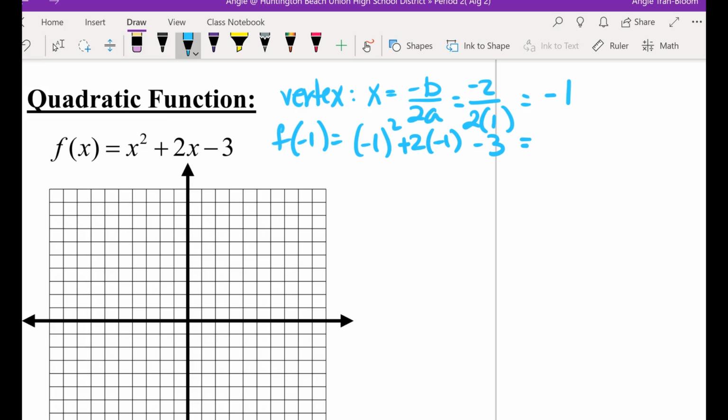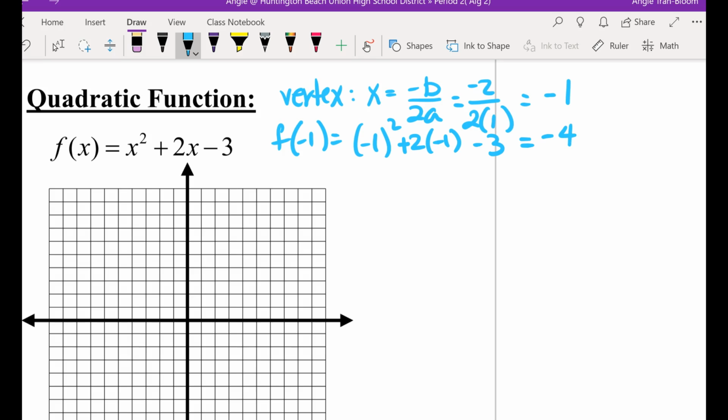All right. Give me the output when you're ready. Negative 4. Okay. So right away, you have a vertex at negative 1, negative 4. Is that okay with all of us?